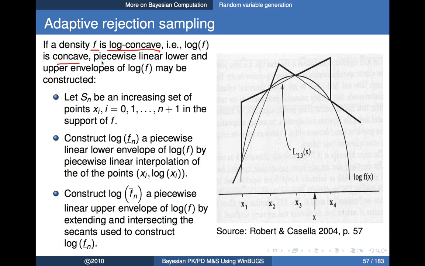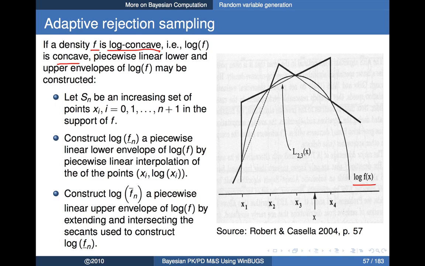Now, it turns out that if you have a function that's concave, and you pick a sequence of points along the x-axis, so again it's the log, in fact we'll start working with the figure a bit here. The plot here is of the log of our density function, and it's this curved line right here.